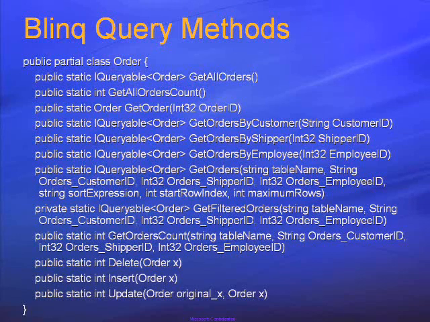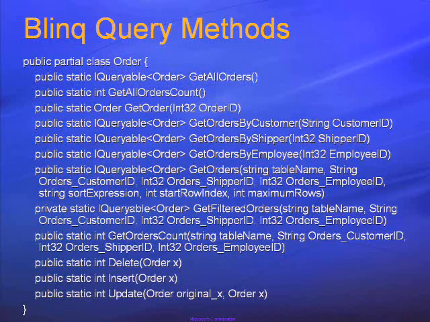And then for any of the foreign key relationships, we'll create a get orders by some related object and pass in the foreign key for those related objects. So in here, an order has customer ID, shipper ID, and employee ID as foreign key fields, and so we'll generate those three methods as well.